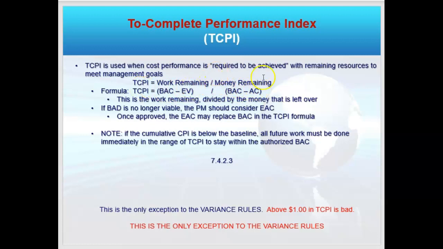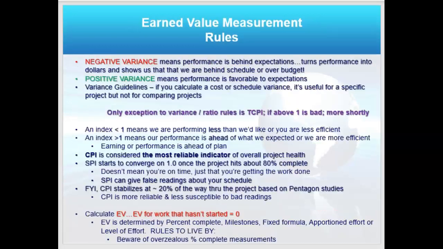Remember, it's an index, so it's division. And this is your overall budget, BAC minus the work done. That's the work remaining. Divided by your overall budget minus the money you've spent, AC. That's the money left. Okay. So very interesting. All right.